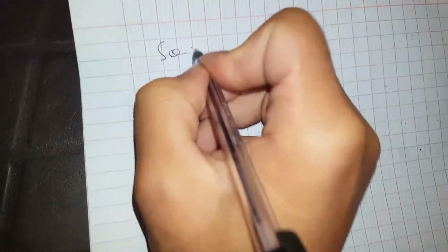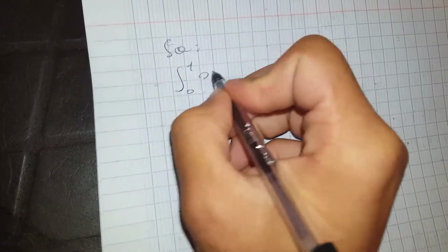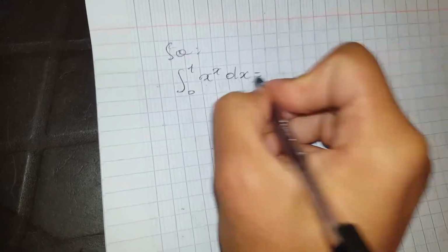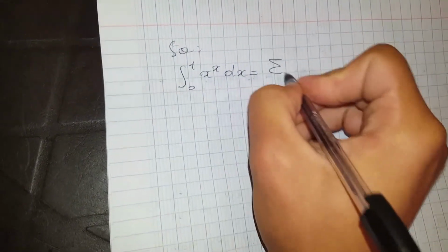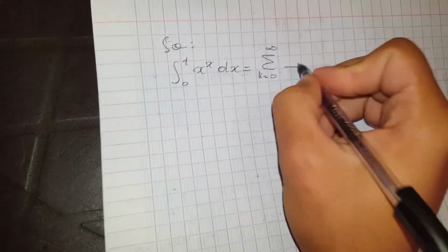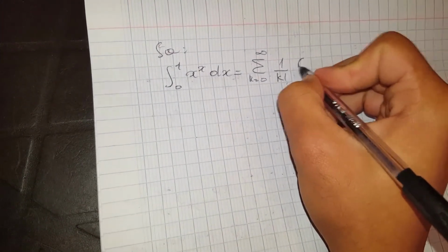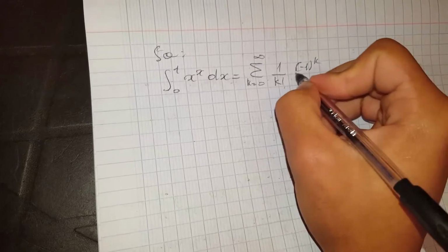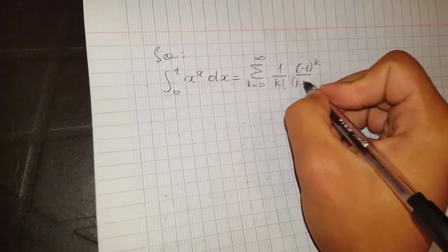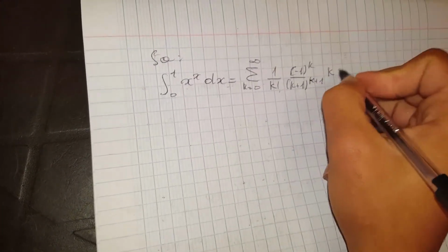So our first integral, the integral from 0 to 1 of x to the x, is actually equal to the sum from 0 to infinity of 1 over k factorial multiplied by minus 1 to the k over (k plus 1) to the k plus 1 multiplied by k factorial.